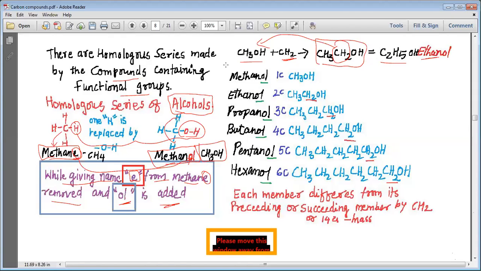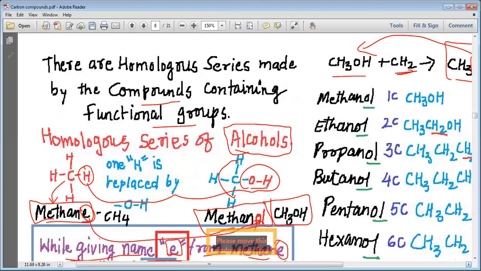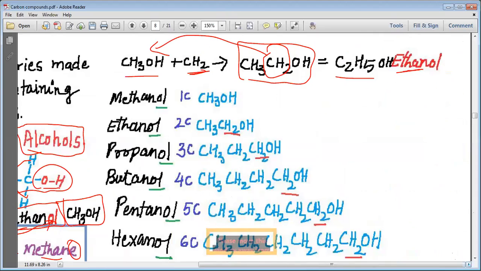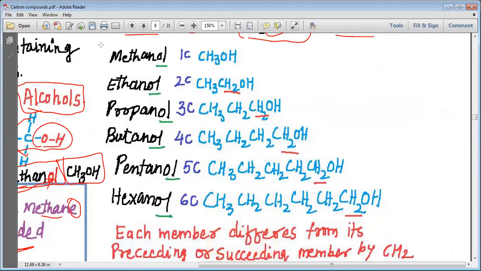So here we have the various members of the homologous series of alcohols. We can have a look at them. You can see we have methanol, ethanol, propanol, butanol, and hexanol.